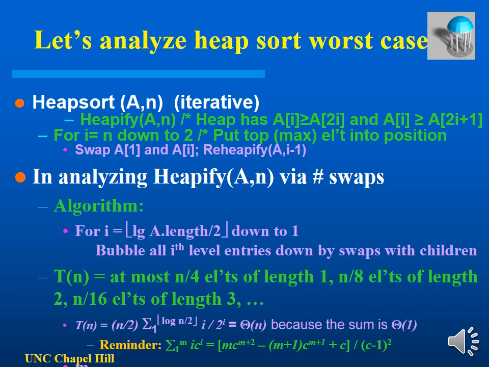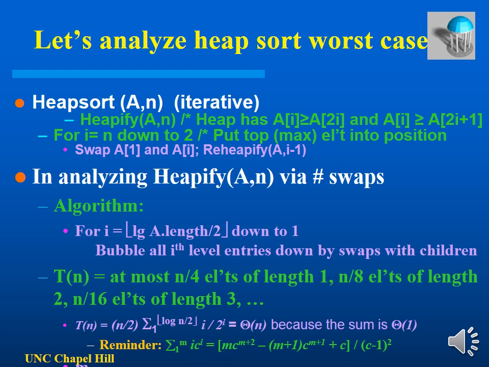So the overall T(n) is given by n/2 times the sum that's given. Now let's examine that sum. It's of the form i times (1/2) to the i, and we have a formula for the sum of i times some constant to the i.